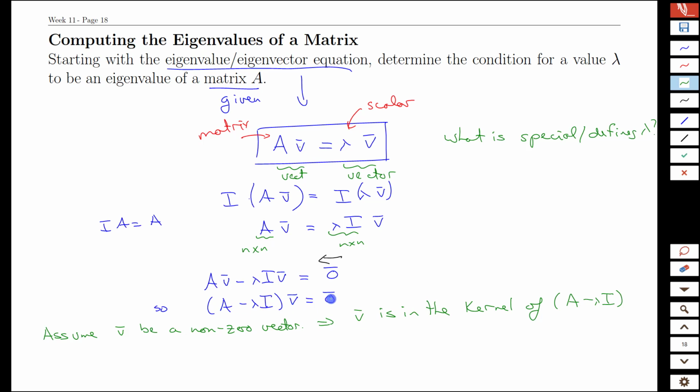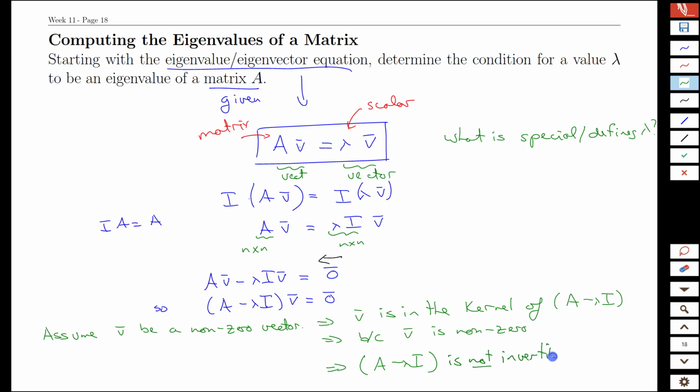Plug that in, you scale it, it gets turned to 0. Well, what did we learn? Because we learned a little while ago that since v is non-zero and it gets sent to 0, it's in the kernel, that means that the matrix A minus lambda I is not invertible.